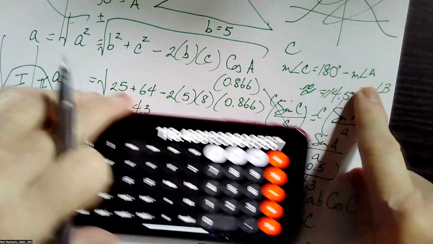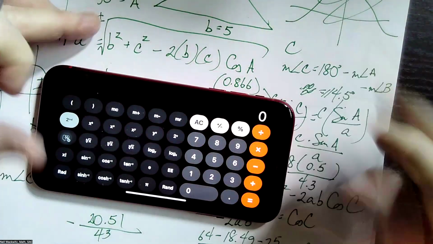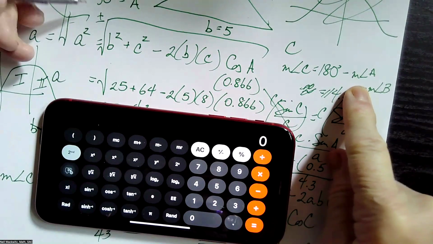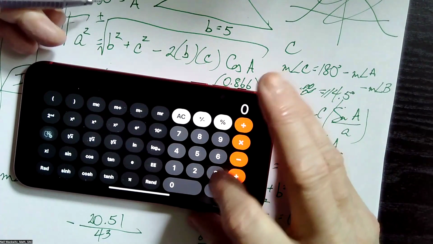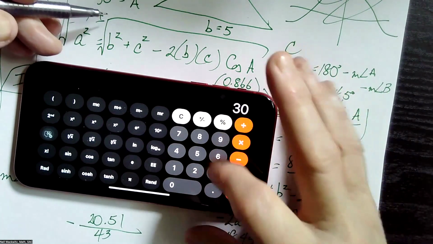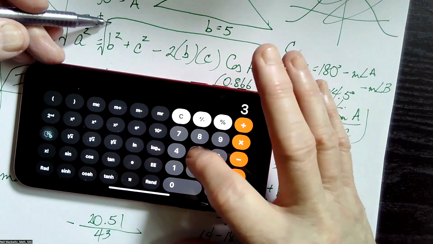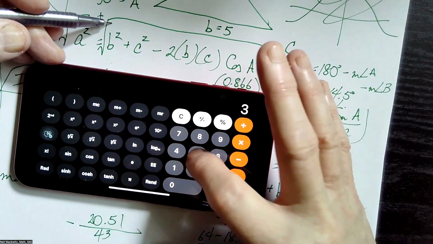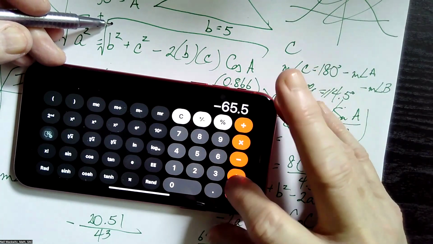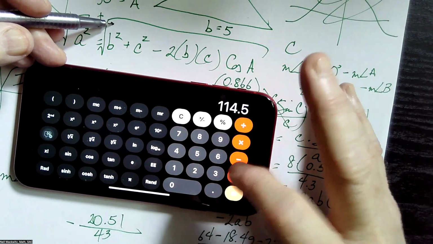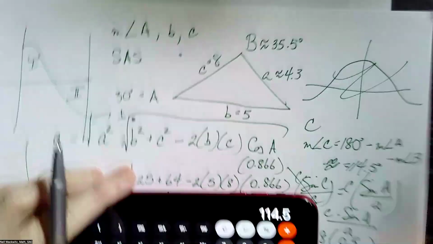Did we subtract here correctly? Let's see. So we had A was 30, B was 35.5. Plus 180. Yeah, we're going to get about the same amount. Okay. How did I do it here? And what kind of values did we get?